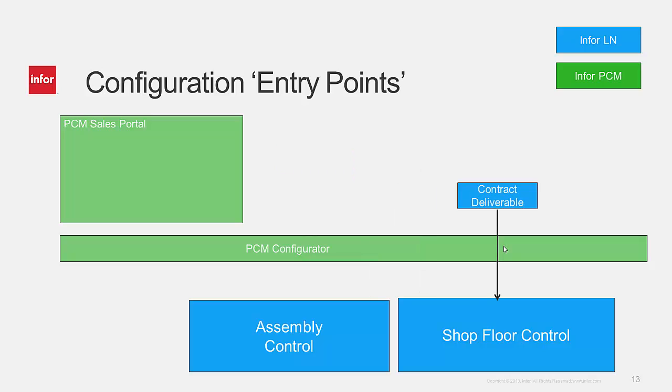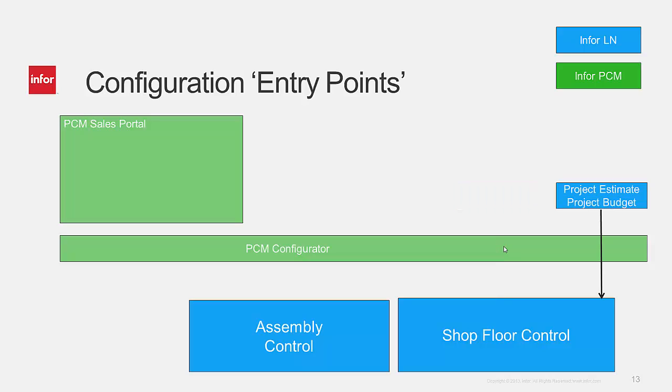In addition, and this is really new to Infor LN 10.4, it will be possible to start the configurator from a contract deliverable line in LN projects. It is also possible to configure an item that has been put on a project estimate or project budget line. This is also functionality that resides in LN project.